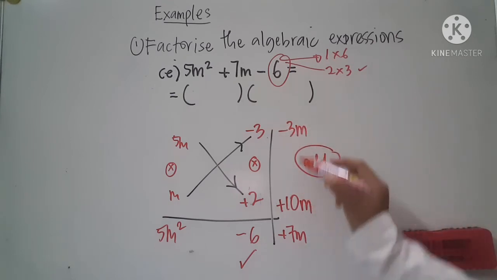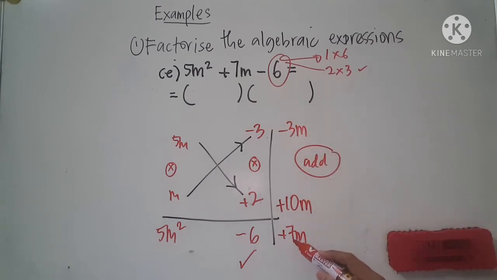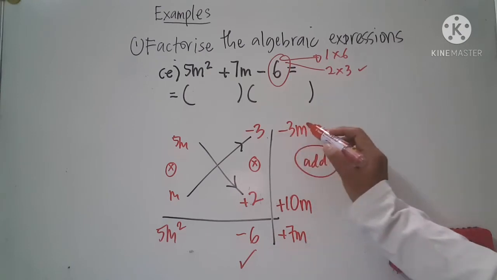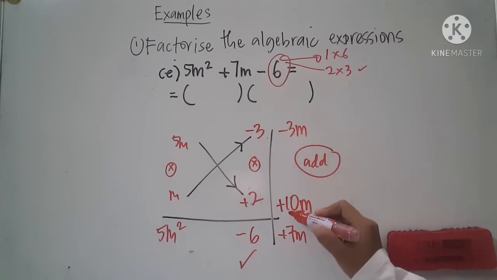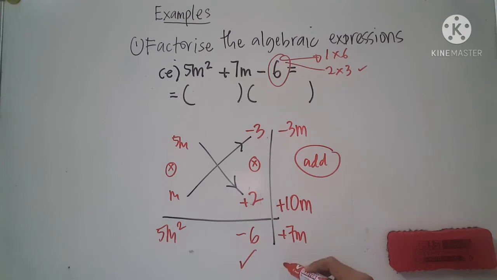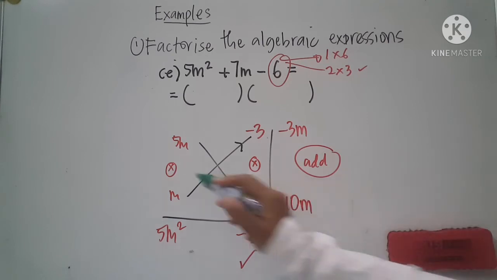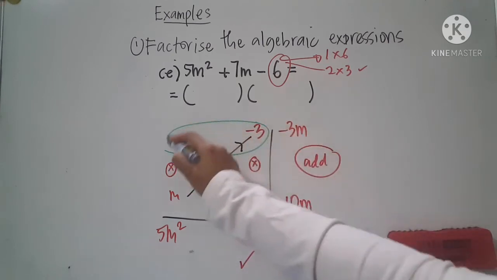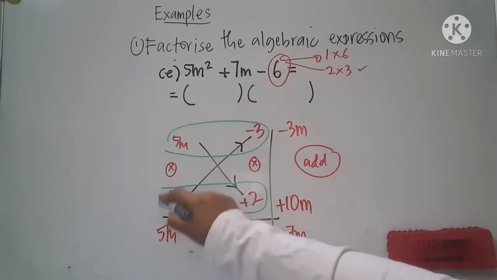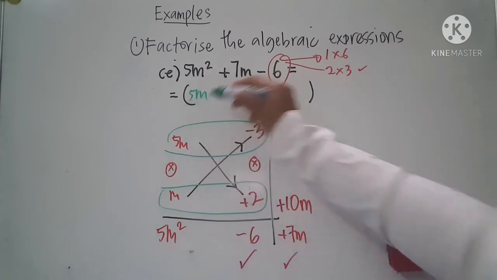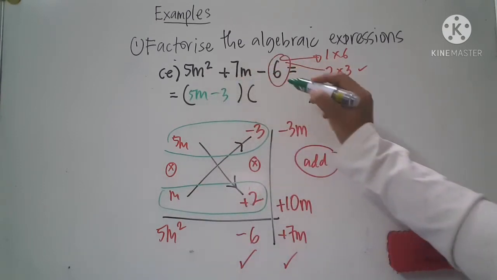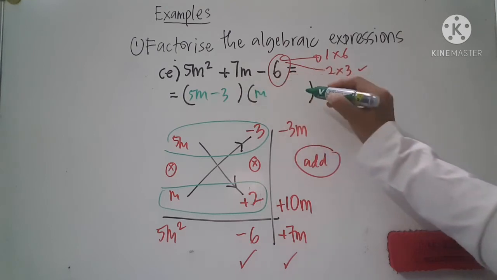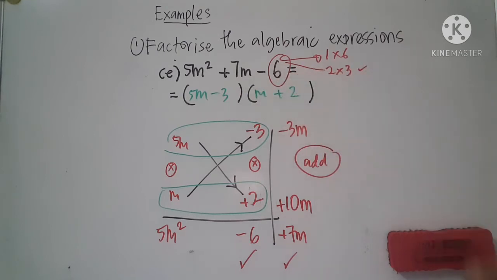Can we add up and get the answer positive 7m? Negative 3 plus 10, yes. The answer is correct. Therefore, the answer that you are going to write in the bracket is this one: 5m minus 3 and m plus 2.